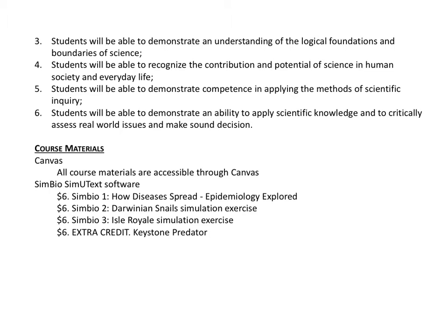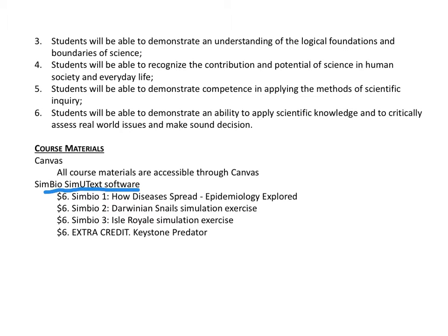So the course material. All course materials are accessible through Canvas, and all the assignments are going to be done on Canvas except for one, and that's the Simutext Symbio software. So you're going to have to buy this.